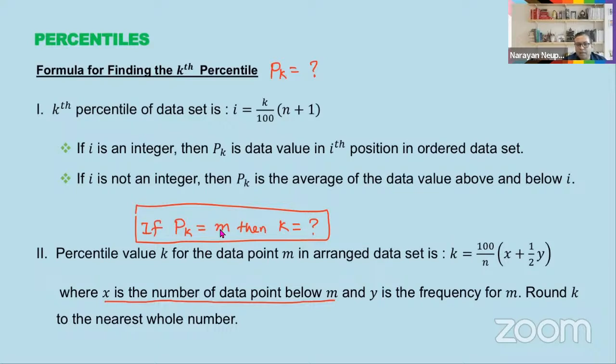That is what we look at in the given data. M is the number given to you. And Y is the frequency of M. Frequency means how many times the data is repeating, right? How many times M appears in the given data set. That is the meaning of that.